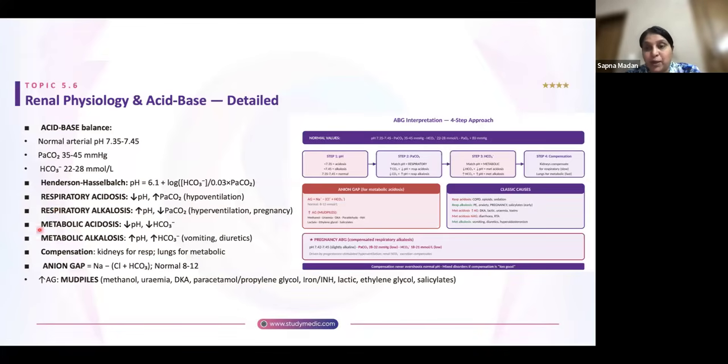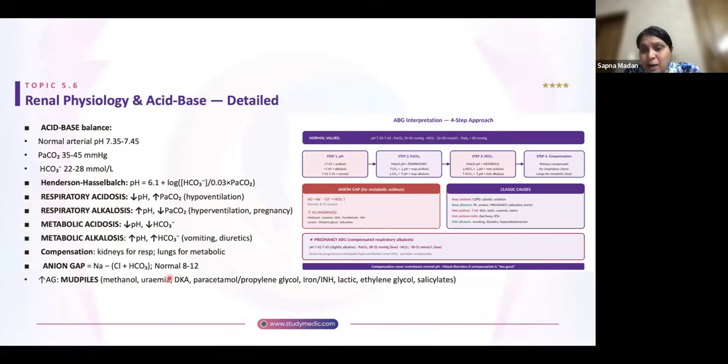Okay, we spoke about the anion gap, and most of the classic causes of respiratory acidosis are COPD, opioids, and sedation. Respiratory alkalosis is seen in pulmonary embolism, anxiety, pregnancy, and salicylates. Metabolic acidosis with increased anion gap is seen in diabetic ketoacidosis, lactic acidosis, uremia, and toxins.